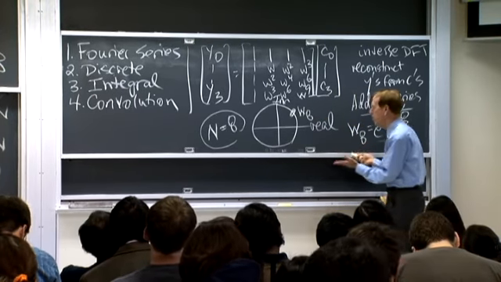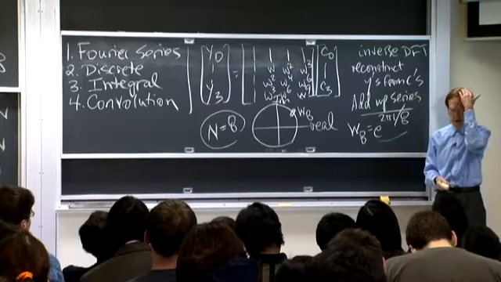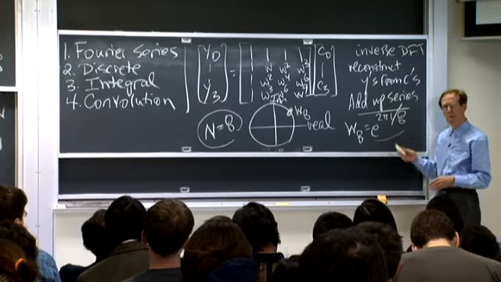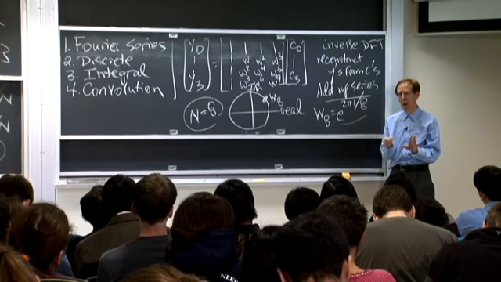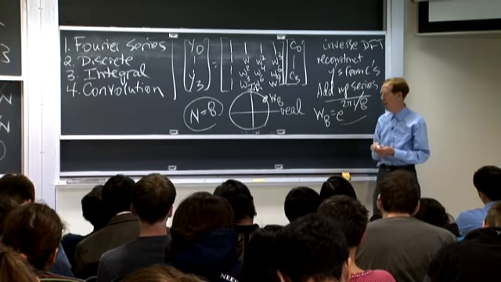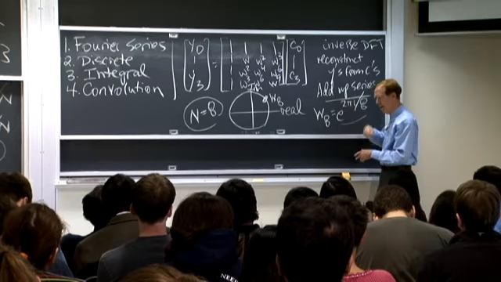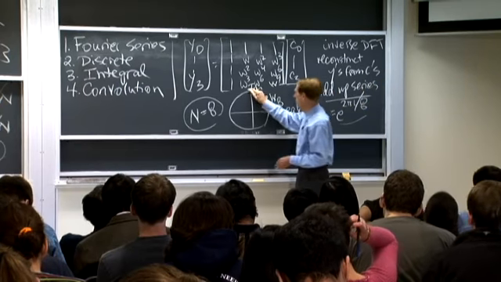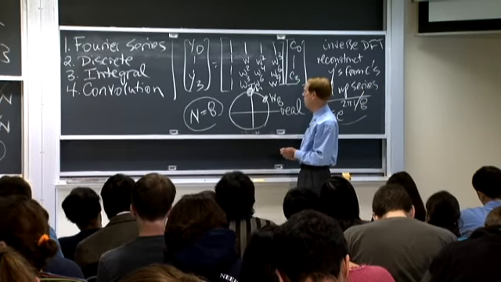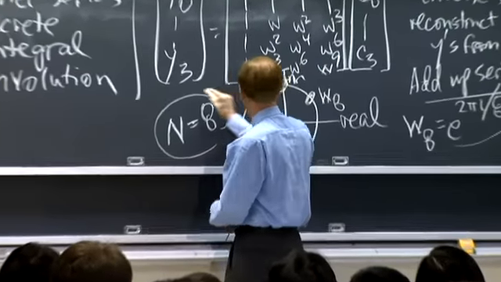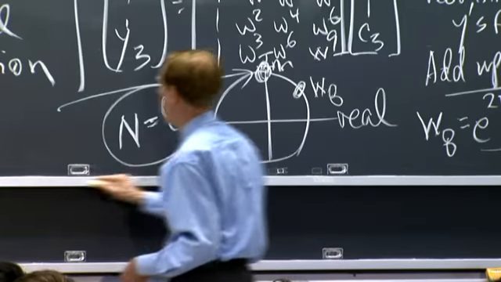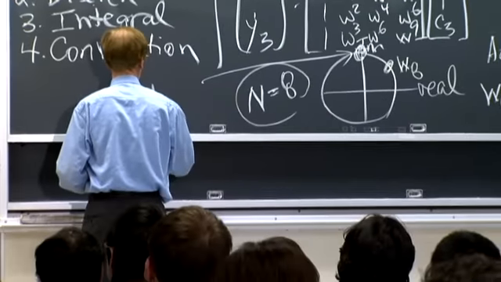When I square it, what's the square of W8? What happens to the angle when I multiply numbers? I add the exponents. If I'm multiplying by itself, it'll double the exponent, double the angle. There's W8 squared.